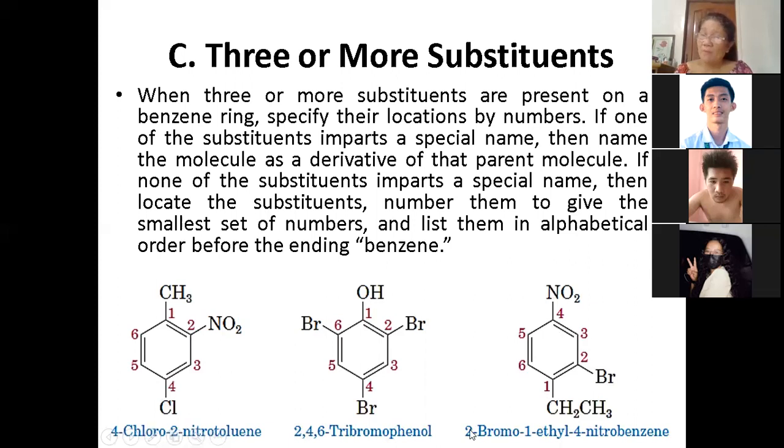There is 2-bromo and there is 4-nitro, then ethylbenzene. Are you following? Okay, that is the naming here.